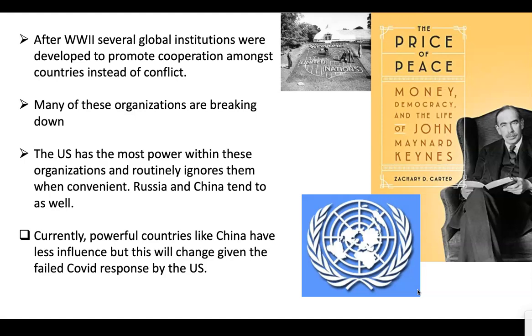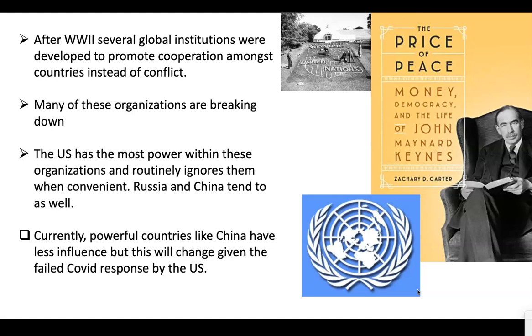The United Nations is probably the best example of this, but they're still sort of biased towards that pre-World War II world, where some countries like Britain probably have more say in international relations than they might otherwise. So countries like China don't have as much influence as perhaps they should, given how powerful they are.